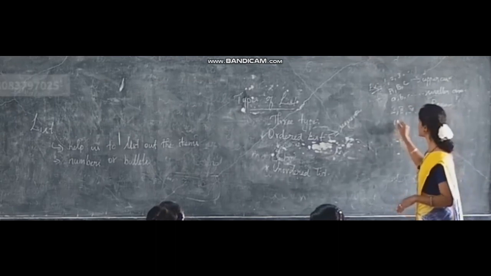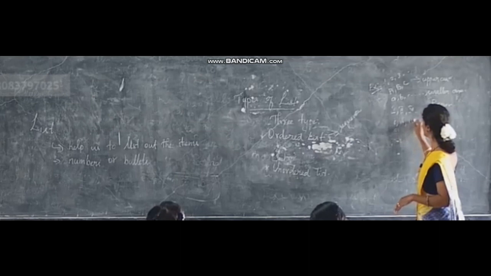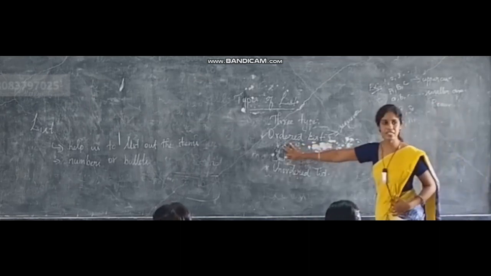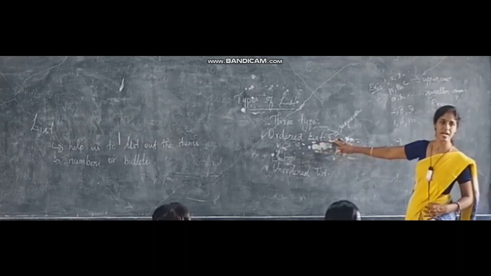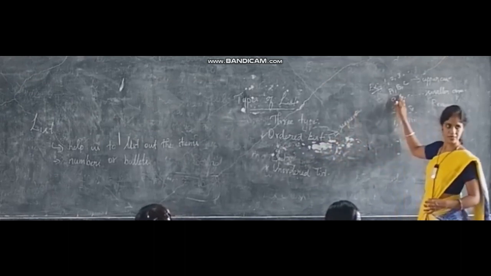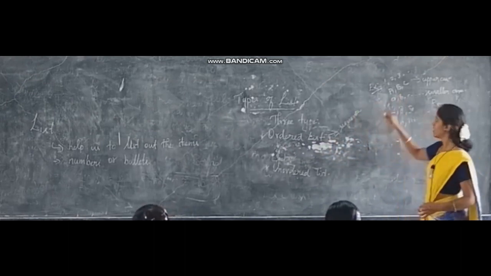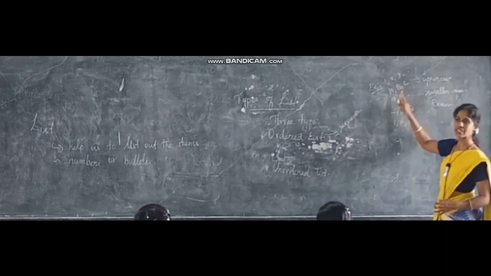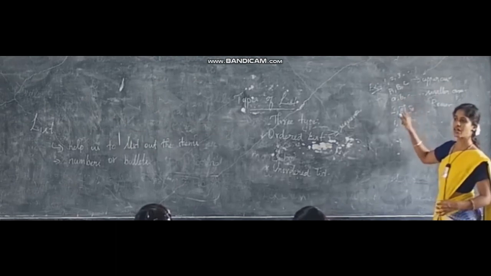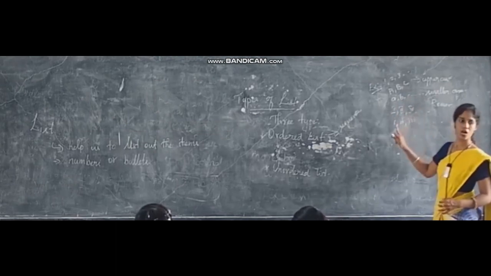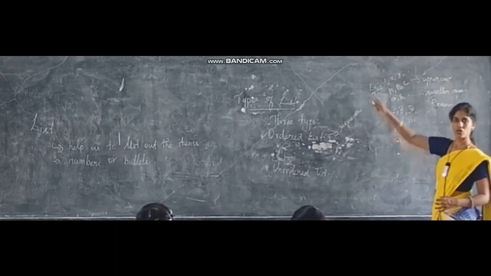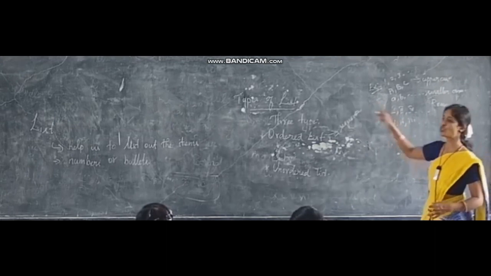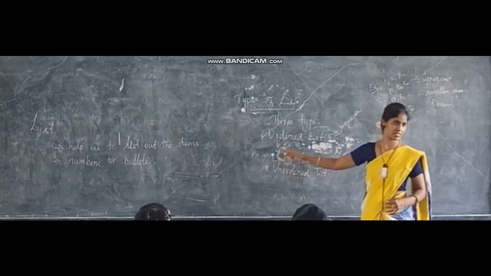So, ordered list will list the items in a sequence. It may be a numbering, uppercase, lowercase, Roman letter upper or the lower. So, these are the various types which may be used in the ordered list.